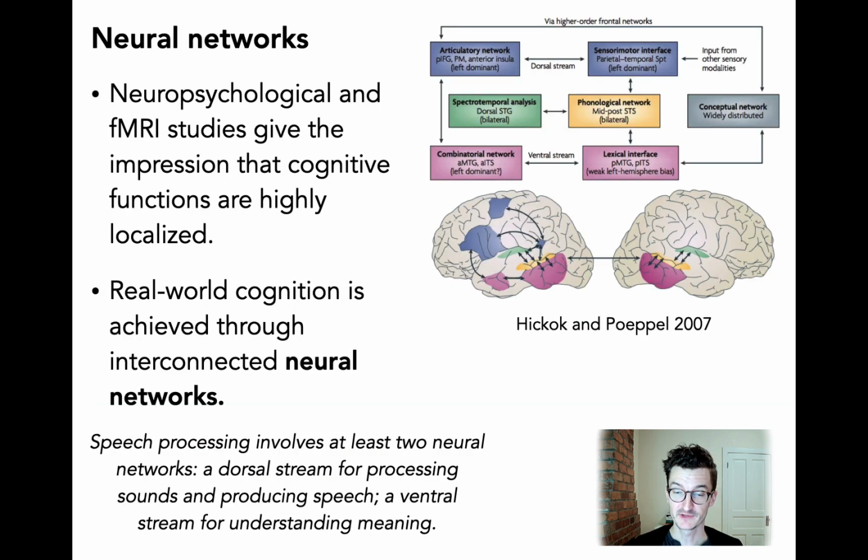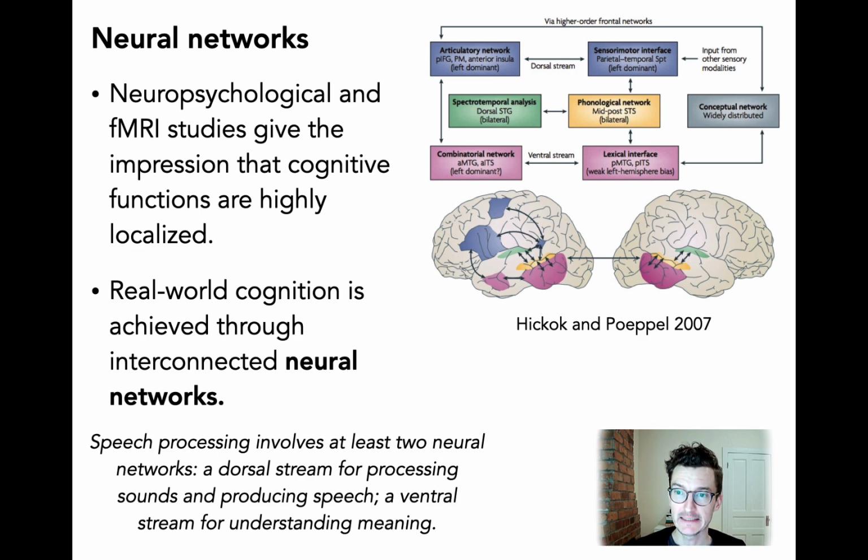So based on everything I've said so far, I've probably given you this picture that every single aspect of our cognition and our behavior can be linked to a different brain area. Well, that is far from true, and actually real-world cognition is achieved through interconnected neural networks.